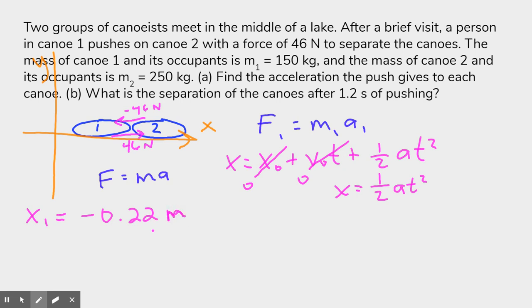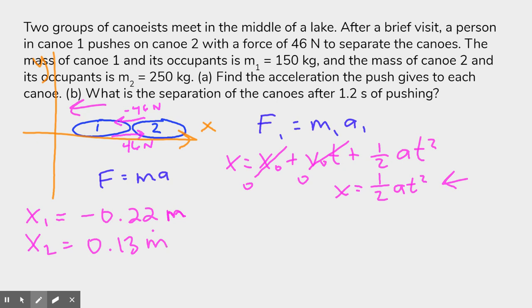That means it moved backwards in this direction. And for the second one, using this same formula, you will find that X2 is equal to 0.13 meters.